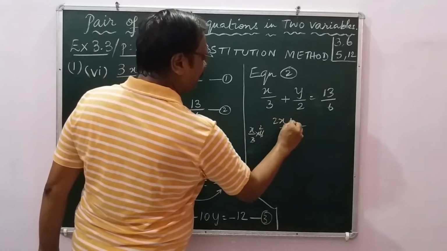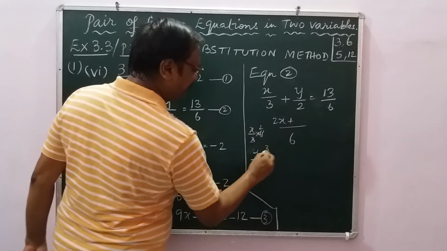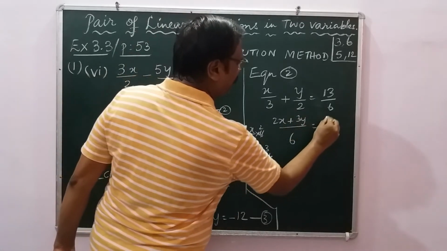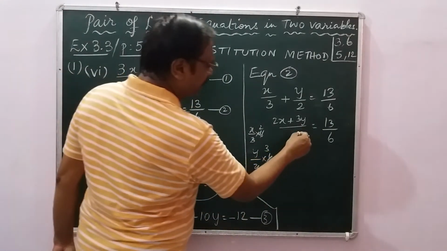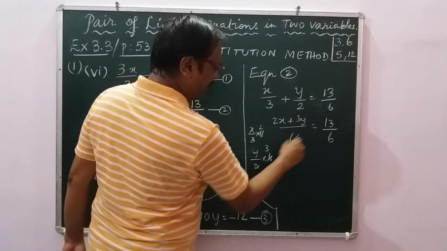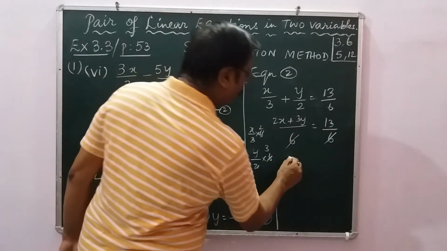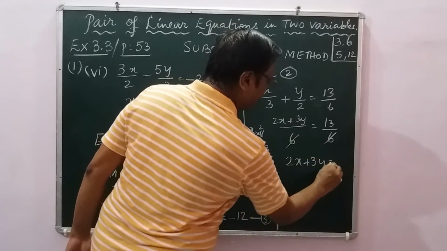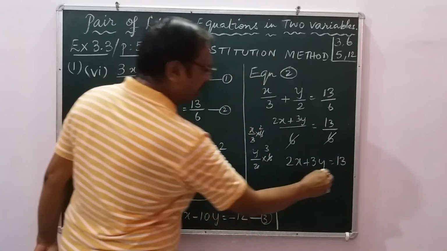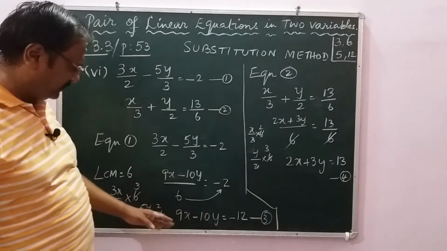So 2x plus y upon 2 multiplied by 6, that is 3y, which is equal to 13 upon 6 times 6. Look here. On the left hand side and right hand side, 6 and 6 are the same. So you have the equation 2x plus 3y is equal to 13. Call this equation number 4. Now it is very simple for you to solve.